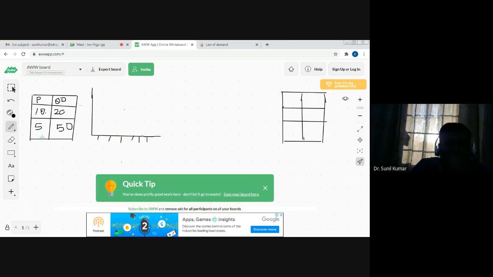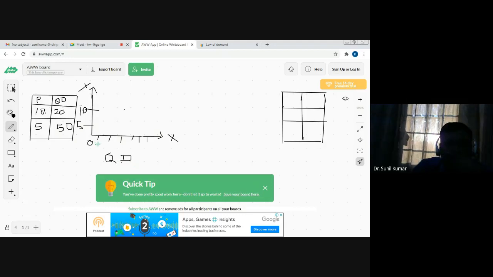There are only two values, so no need to see anything more. This is the price, 10 and 5. Here we write 5, here we write 0. Here is the X sign and here is the Y sign. Here we are writing QD, quantity demanded, and there are 20 and 50.